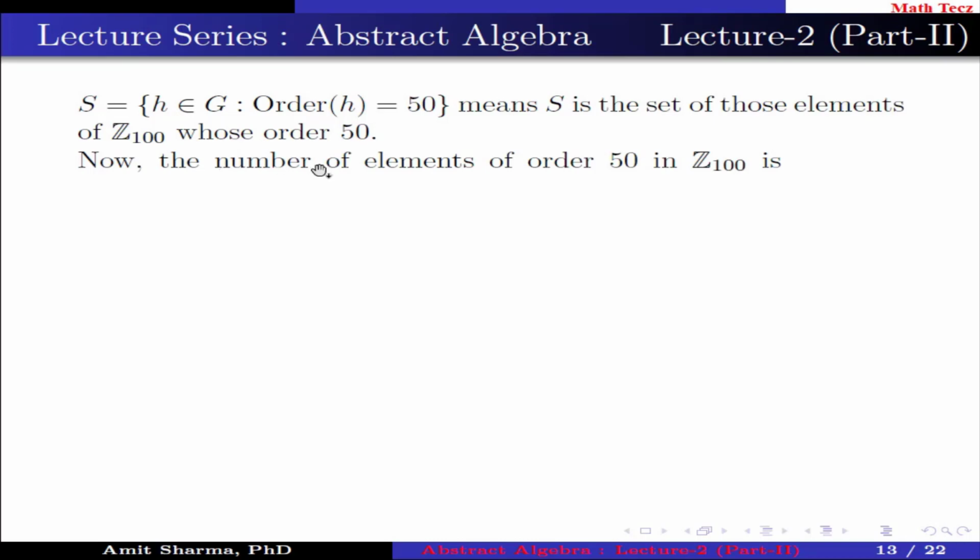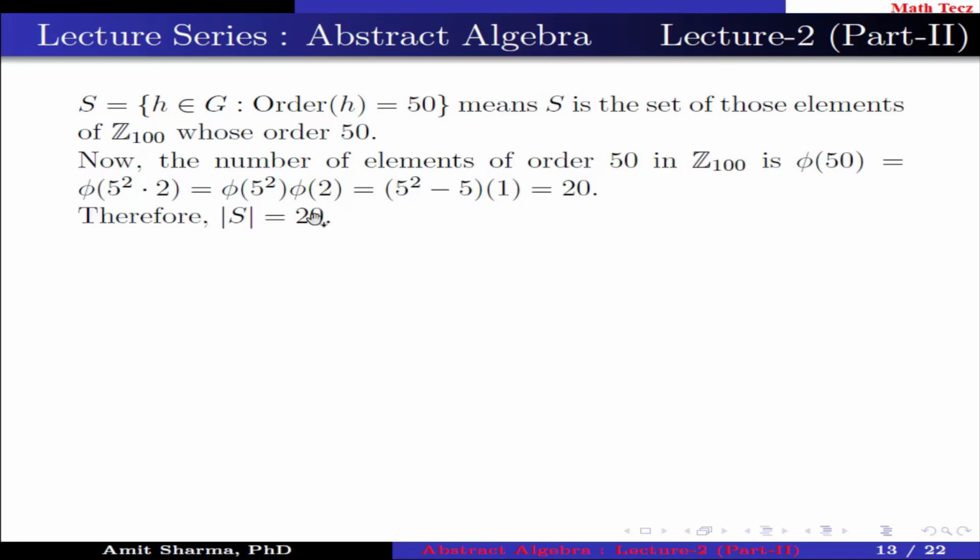Now, the number of elements of order 50 in Z100 is phi of 50, which is equal to phi of 5 square into 2, which can be further written as phi of 5 square into phi of 2, which is equal to 5 square minus 5 times 1, which is equal to 20. Therefore, the cardinality of S is 20. Hence, option A is right.